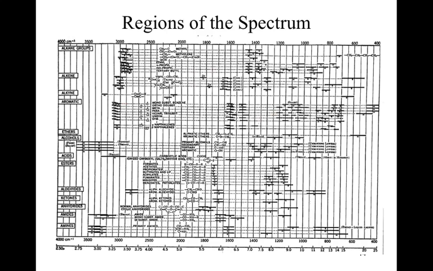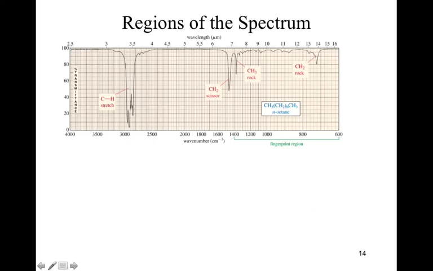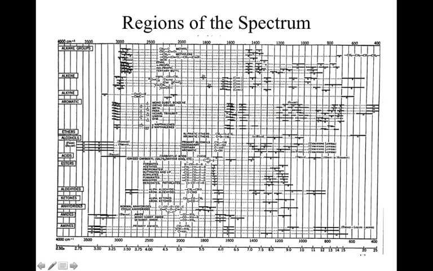So I would look in my 3000 range right in here, and I'd say, okay, anything with a line there could potentially be that functional group. So it's probably not an ether, because ethers don't show up. Probably not a ketone or an aldehyde, because they also don't have signals there. Okay? We can do a little bit better than that.